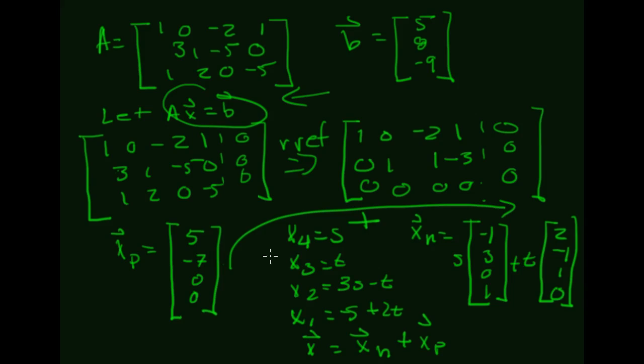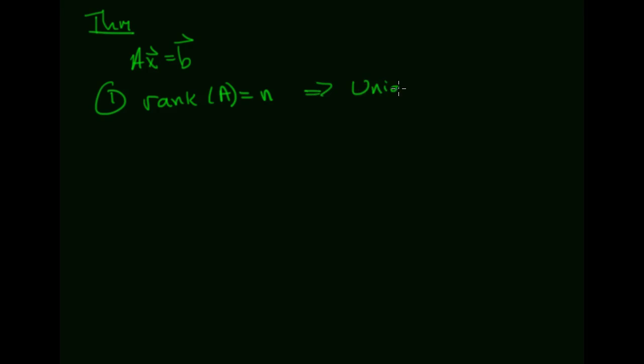Okay, so there's a couple summary theorems here that catch some details of things that we've been working on. Okay, so one theorem is about the number of solutions. So if I have a non-homogeneous system of equations, if the rank of A is n, so if this is full rank, then I have a unique solution.